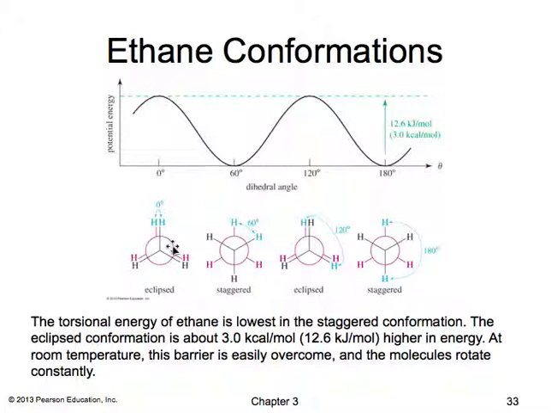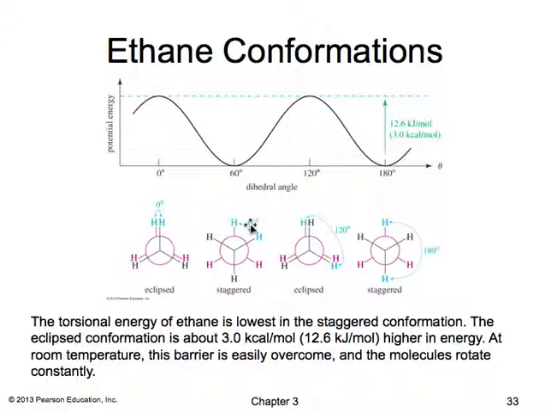Now, if you stagger it by 60 degrees, shown here, you then get to a low energy where you don't see that repulsion or steric hindrance, and so we bring down the potential energy to near zero.